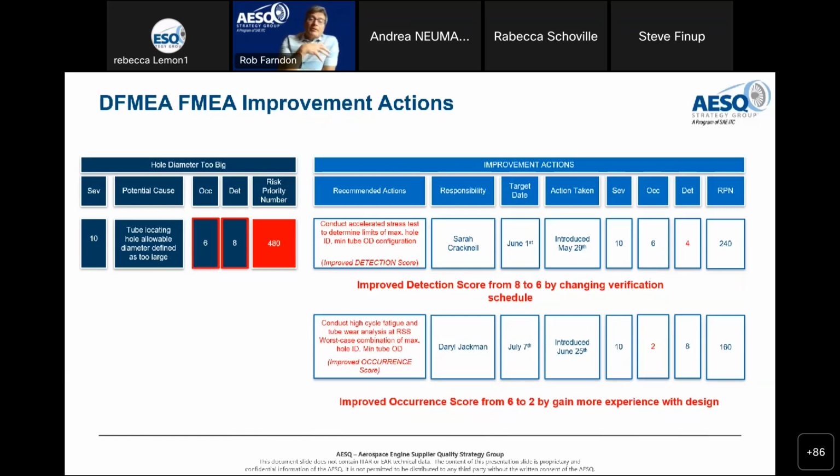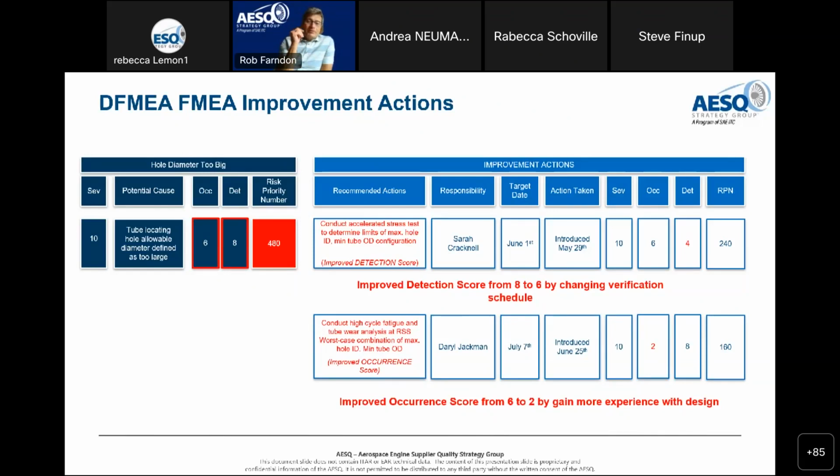Okay, so clearly two different things I've addressed there. I've addressed one with a detection action, and one with an occurrence action. The best one, in my view, is the occurrence one. Okay, it's further upstream. It will nip the problem in the bud, and it won't go to the extent of having the expense of a test.